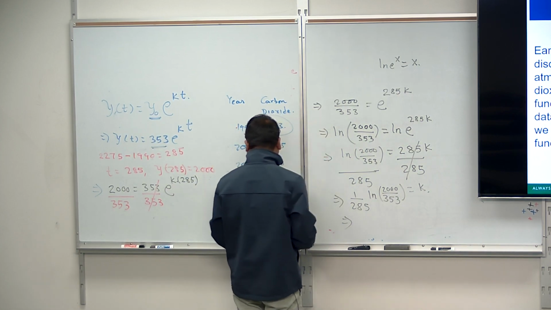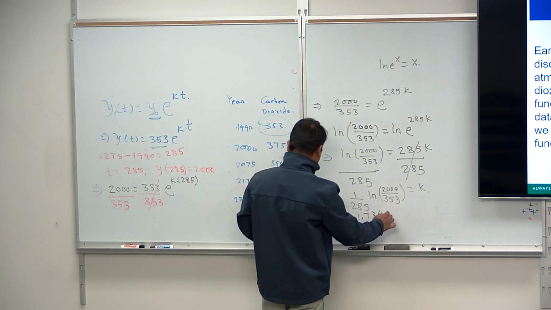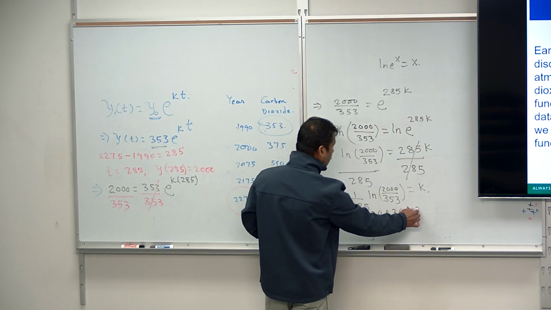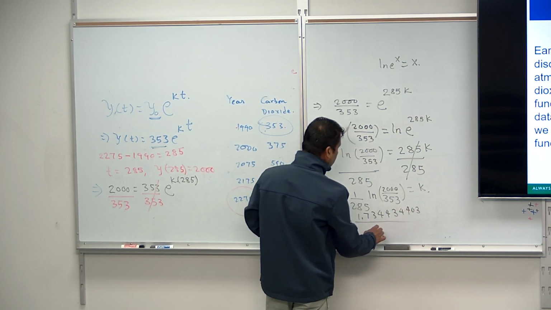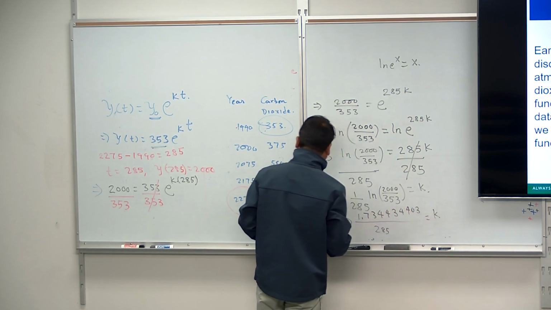This is ln 2000 over 353 is 1.734434403 over 285 equal to k.